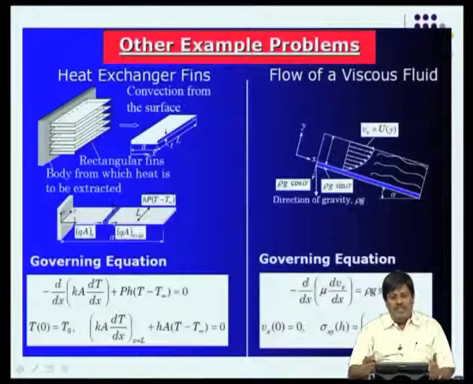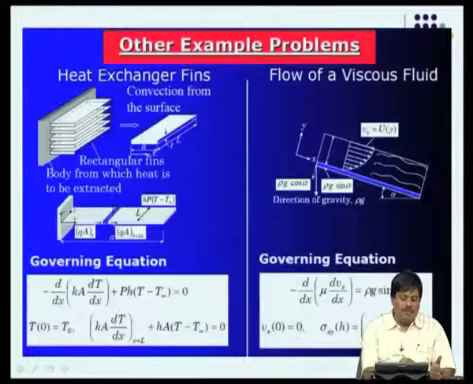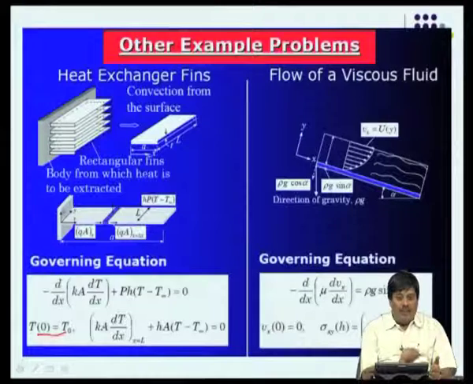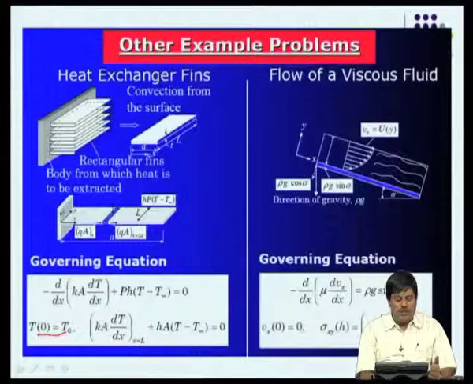And both these equations again have a set of boundary conditions, where in this heat exchange problem the temperature is specified. We have T at a certain spatial distance specified, and the heat flux is also specified.